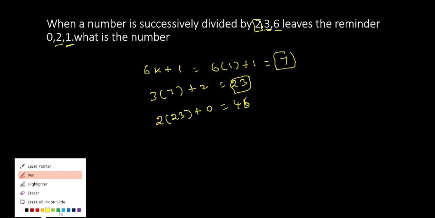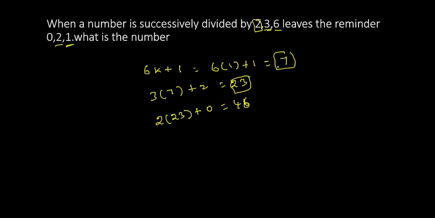Now see here, 46 divided by 2. The quotient will be 23 and the remainder is 0. Now take this quotient 23 and divide by 3. The quotient will be 7 and the remainder is 2.